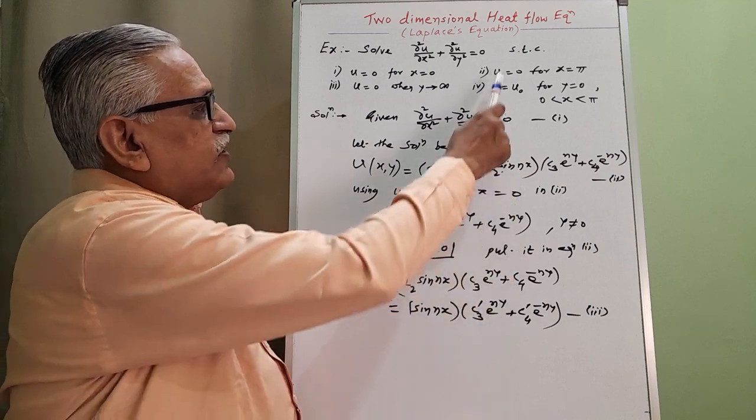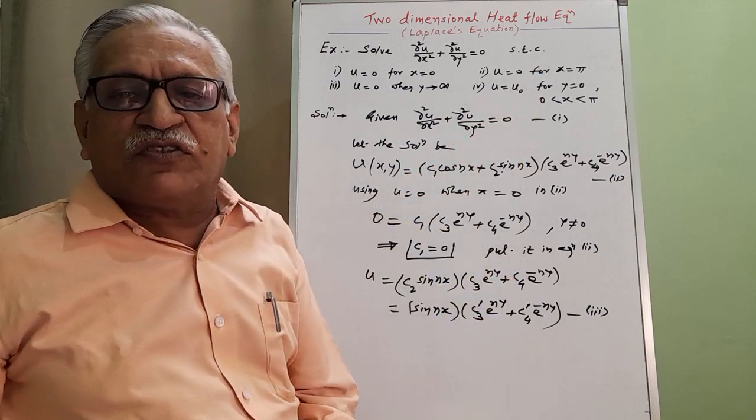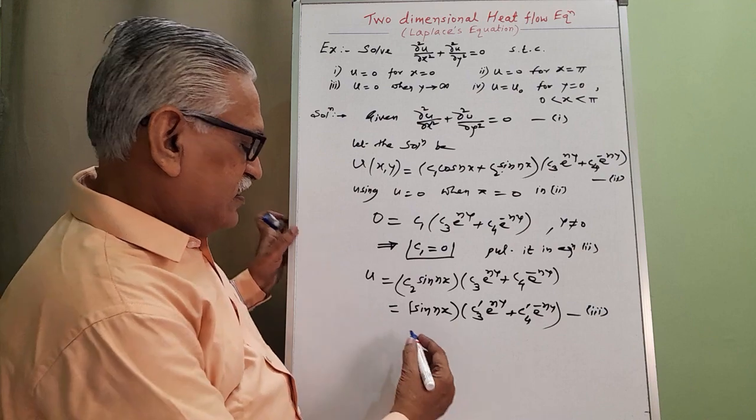In equation 3, we use the second condition, u = 0 for x = π.